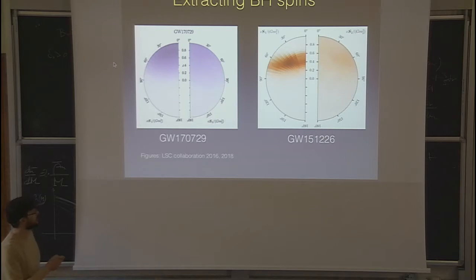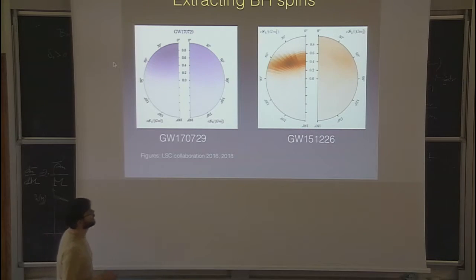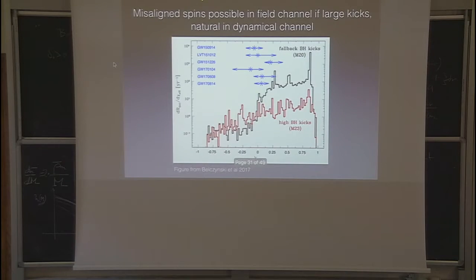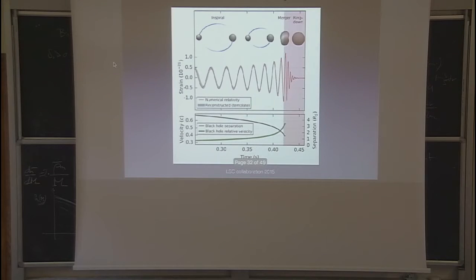So when you put this together with astrophysical models, essentially, I think it's fair to say that no astrophysical models can produce at the same time the mass function for the black holes observed by LIGO and reproduce these results. So there's a lot of food for thought for astrophysics here.